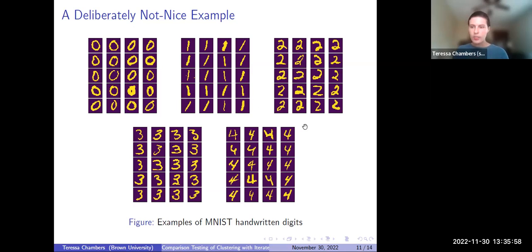Now, what you'll notice looking at these digits is that there is a wide range of variation within a particular set of digits. The zeros are kind of okay. The ones have a pretty broad assortment of slant choices to them. And then the fours, you can forget it.